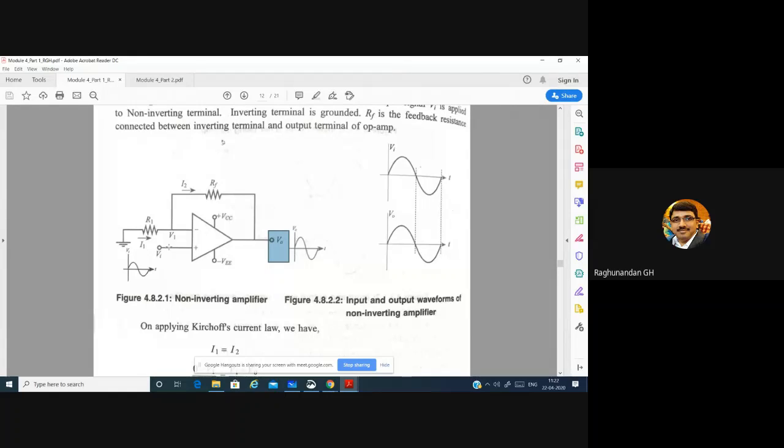May I know why we use positive feedback in oscillators? I think you have already done the oscillator experiment in lab, right?